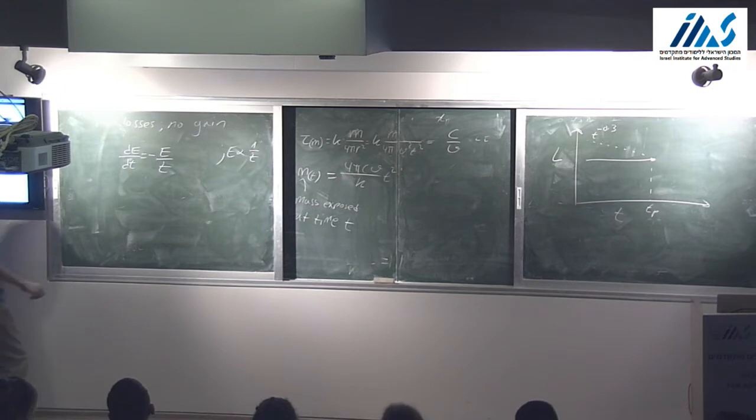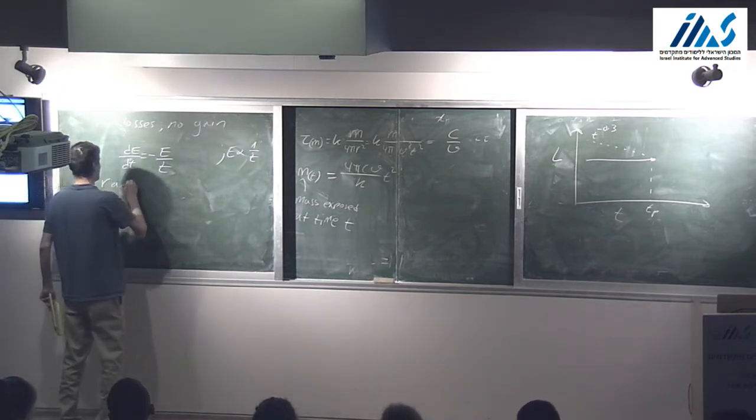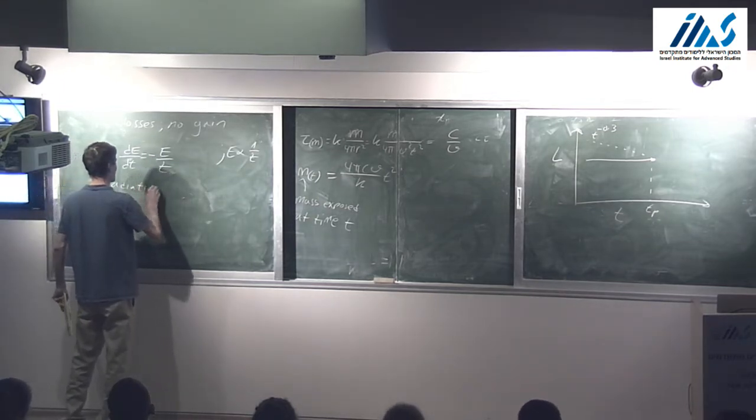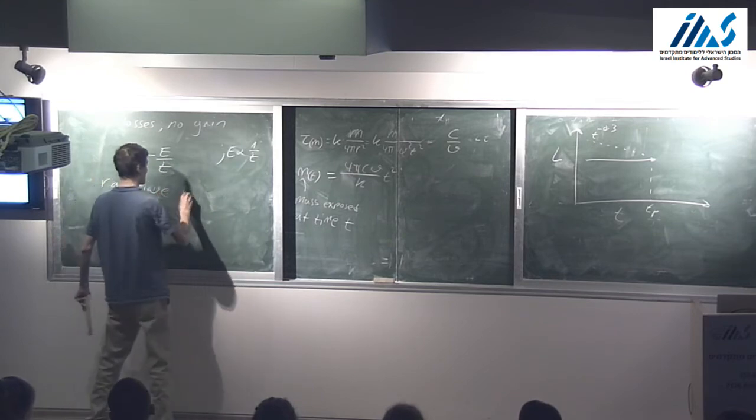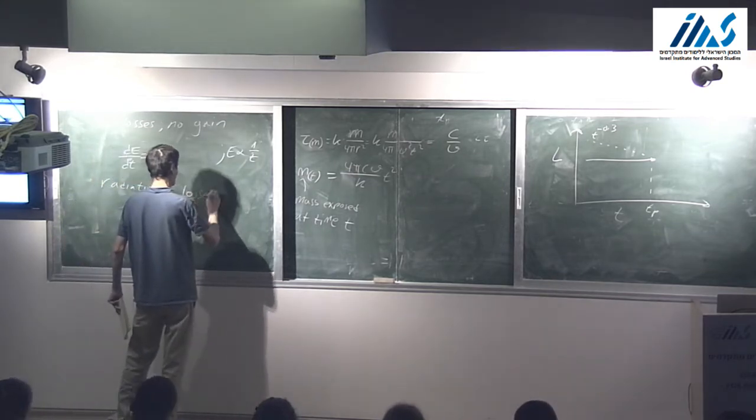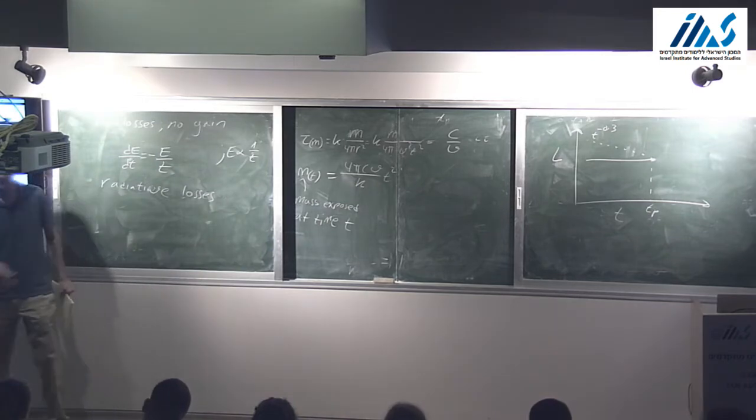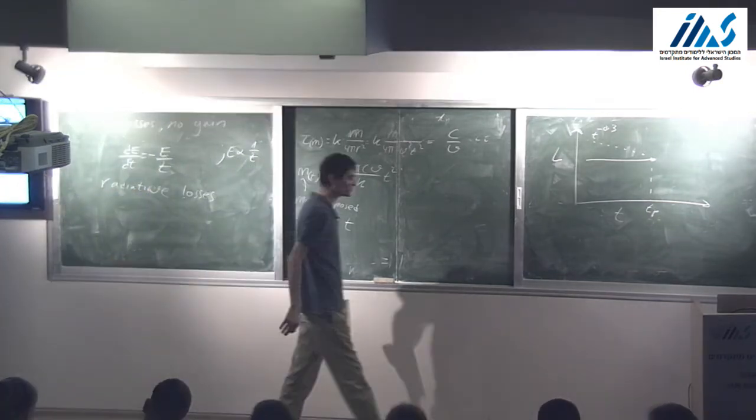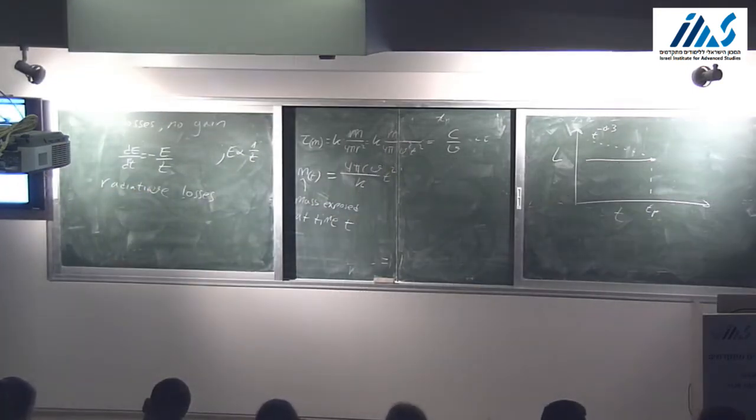What happens if I add radiative losses? Let's assume that at any given time, we have some radiative luminosity from this sphere.